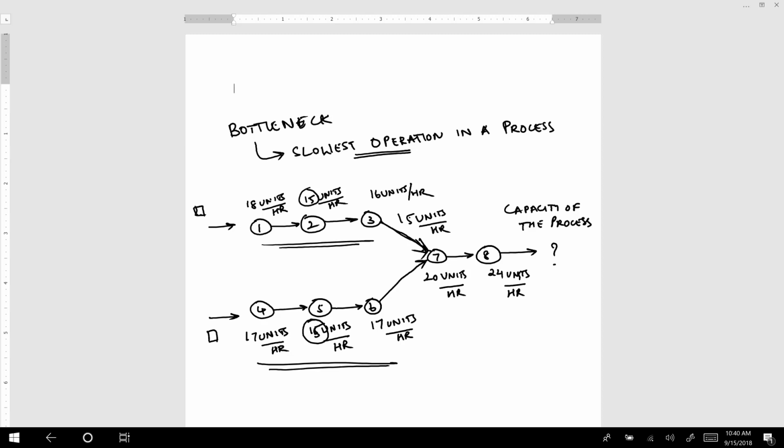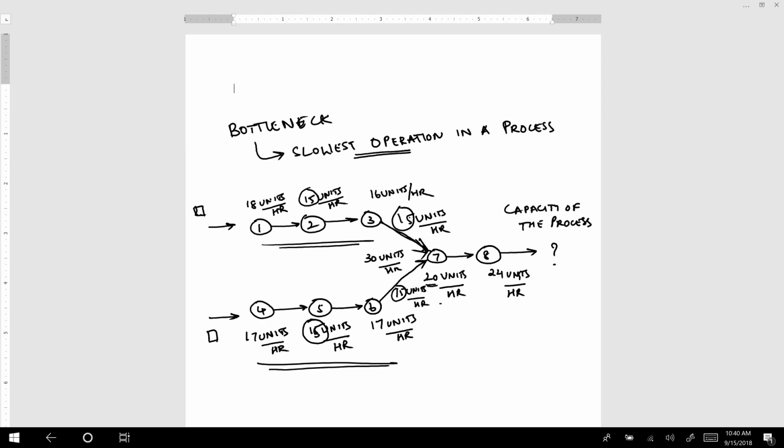So we will get 15 more units from the lower side per hour. So the total units that come to operation 7 in an hour is 30 units per hour. So 15 from the upper side and 15 from the lower side. So operation 7 can only process 20 units per hour.